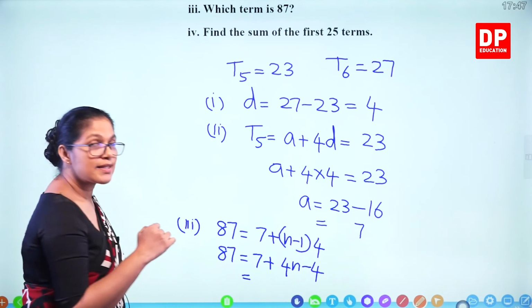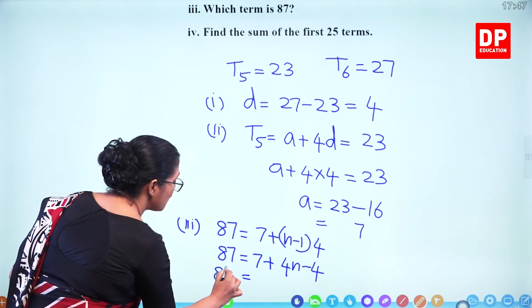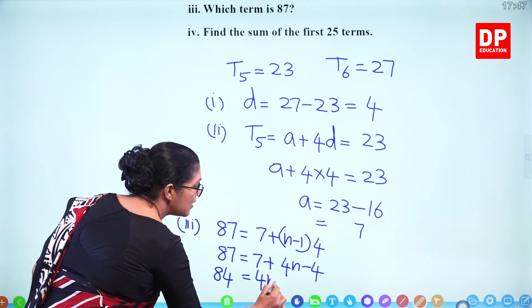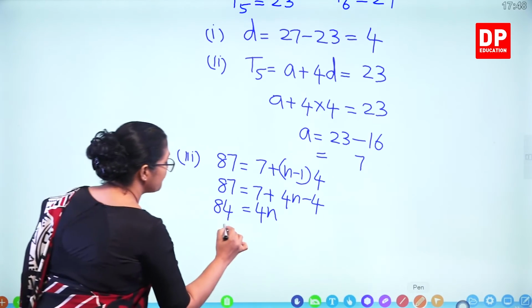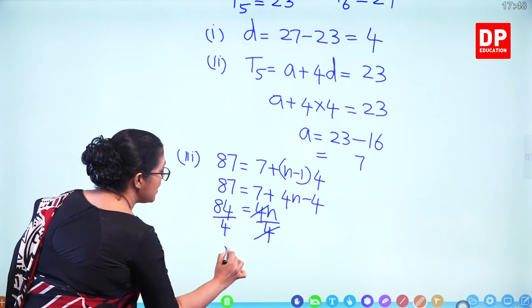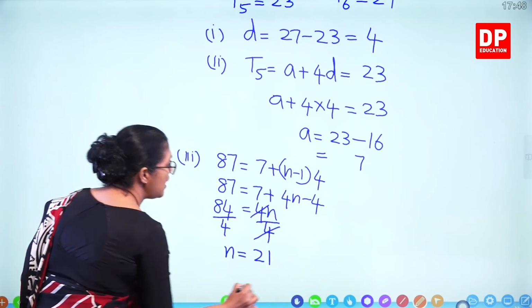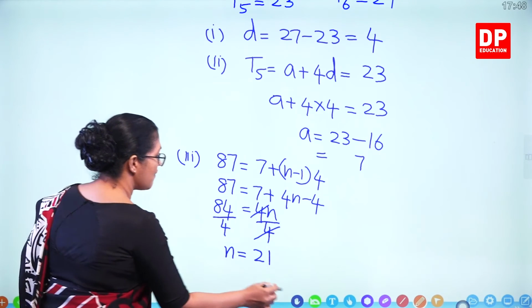So when you subtract 7, you get 80. 80 plus 4, 84 equals 4n. So what's n? Divide by 4, you get n equals 21. So the 21st term is 87.